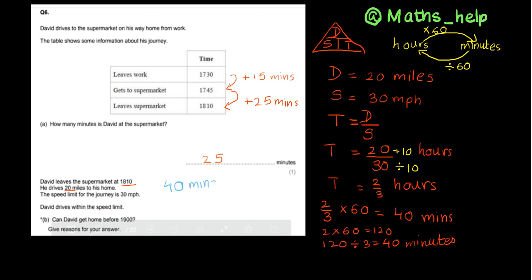So the time was 1810 when he left the supermarket. If he has 40 minutes, the time he should reach would be 1850.